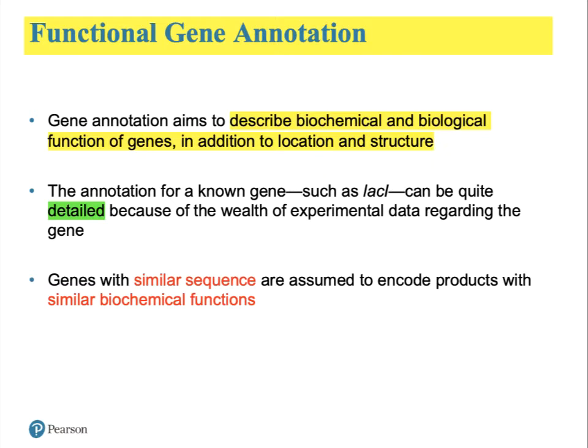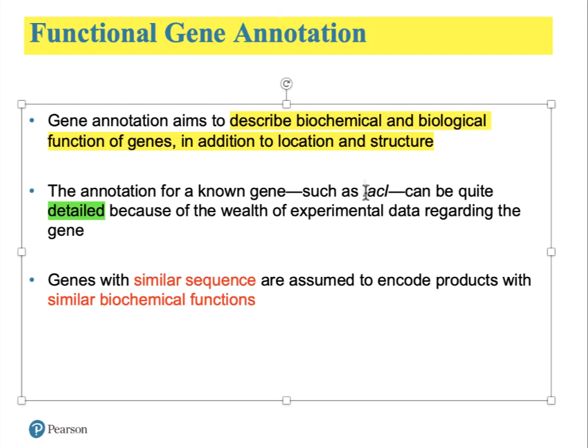As an example, the LacI gene from the bacteria and its involvement with the lac operon has led to a lot of experimental data being generated, and that experimental data allows us to annotate that gene in a lot of detail. If we discover other genes with similar layouts or similar sequences, we can conclude that they may have similar biochemical outcomes for a cell in which they reside.